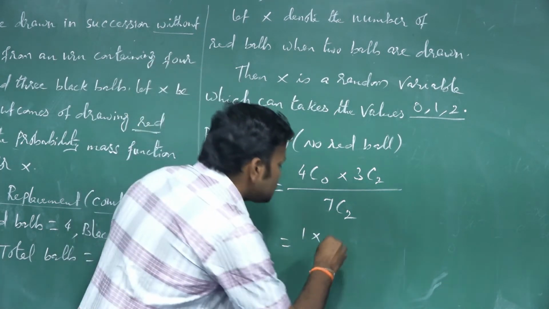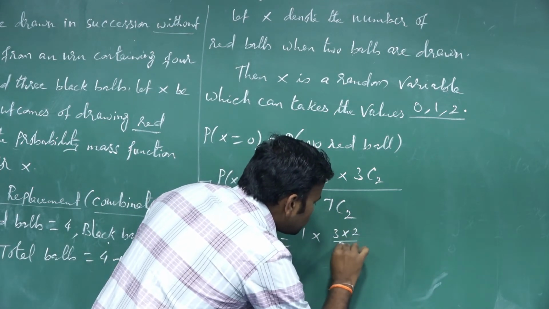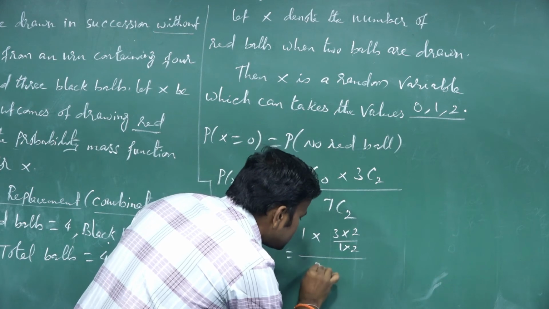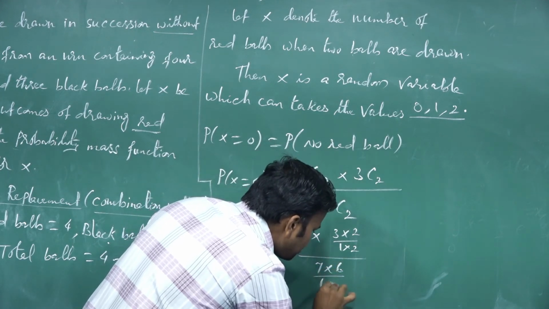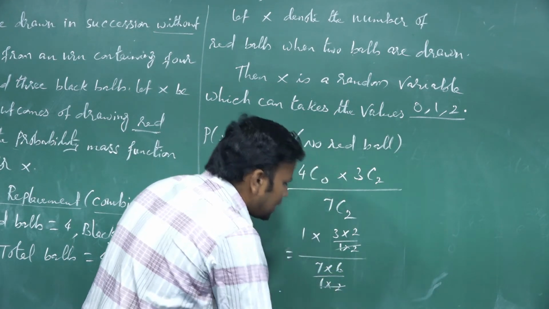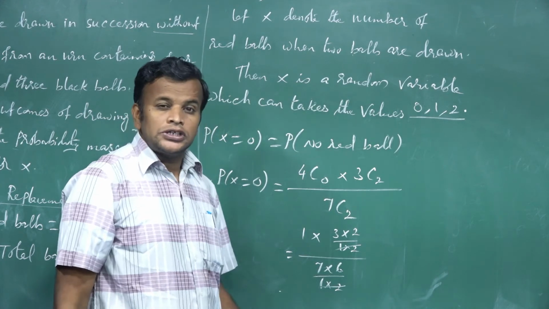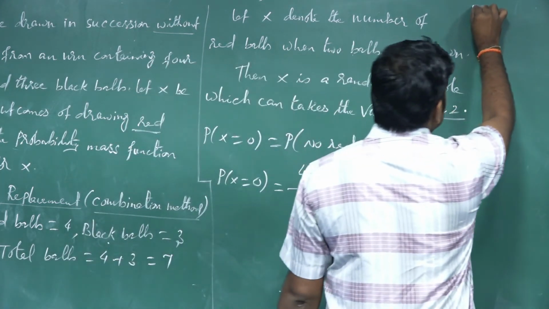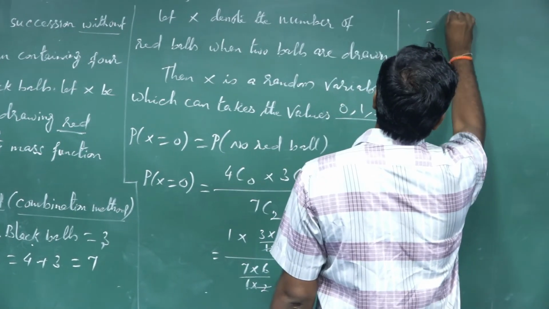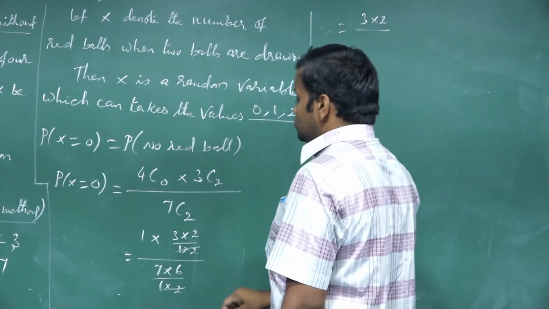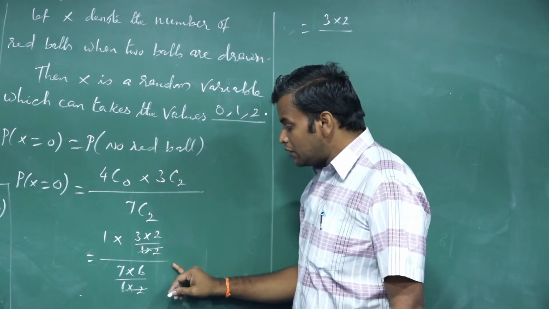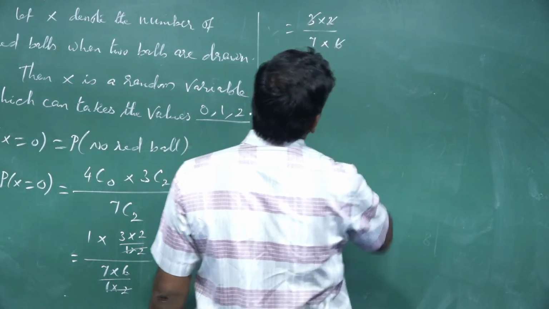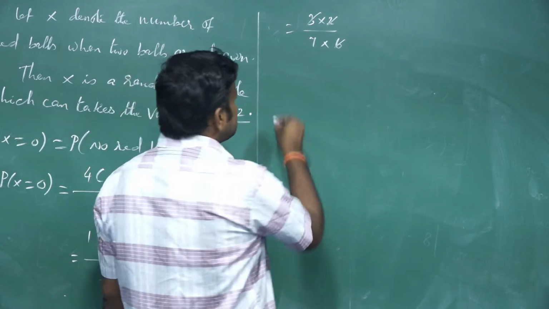The value of 3C2 is 3 into 2 by 1 into 2, divided by the value of 7C2, which is 7 into 6 by 1 into 2. I cancel the 1 into 2 in both. After simplification, the numerator is just 3 into 2 and the denominator is 7 into 6. 2 threes are 6, so we cancel.